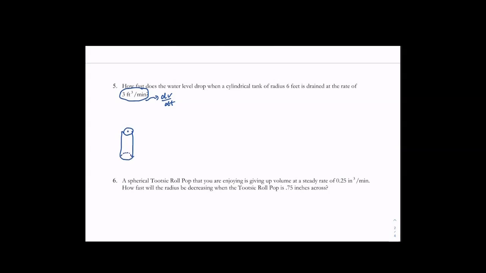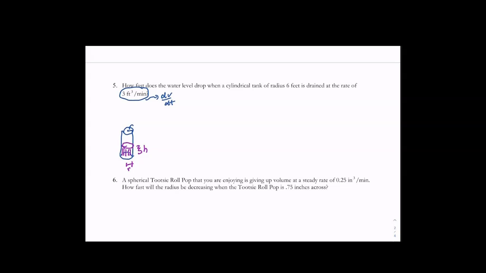Okay, and a cylinder has a radius, and the trick here though is that we're not really looking at the cylindrical tank. We're really looking at the water that's inside this tank right here. So, this is the radius, and this is the height of the water.